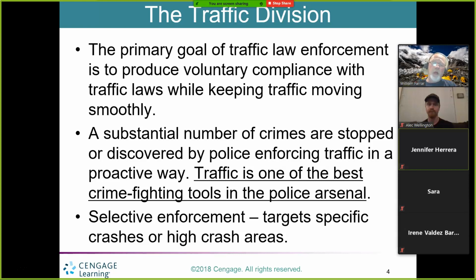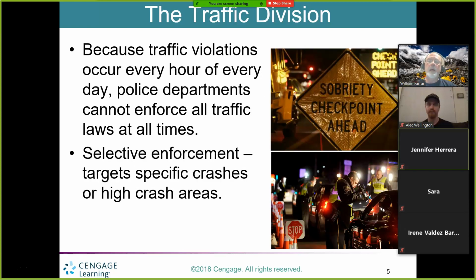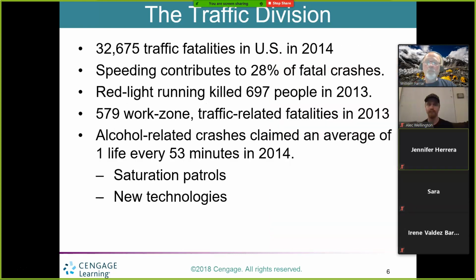And sometimes you might even be assigned to what they call selective enforcement, meaning you're told to go to a certain area because of a certain type of traffic issue, whether it's speeding, running red lights, or whatever. That's more selective.